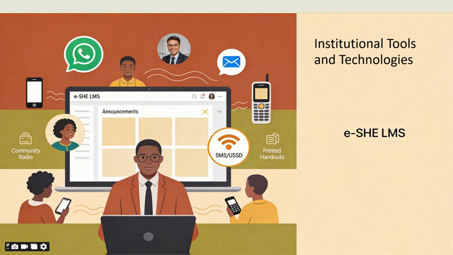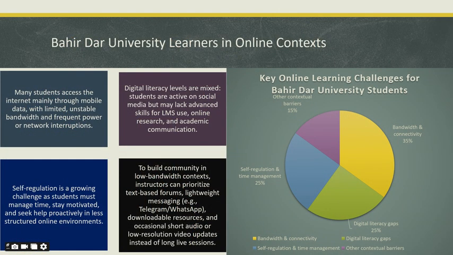and to invite interaction. Okay, so let's consider our students at Bahida University. Many students actually access the internet primarily through mobile phones and mobile data, and bandwidth can be unstable, and power interruptions are so common. This means that large video files or long live sessions may be difficult for some students to join consistently.